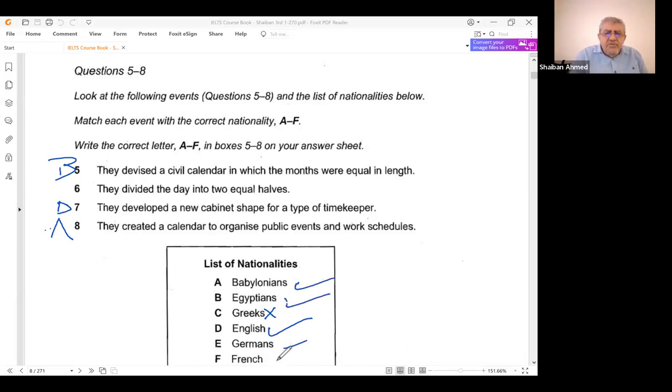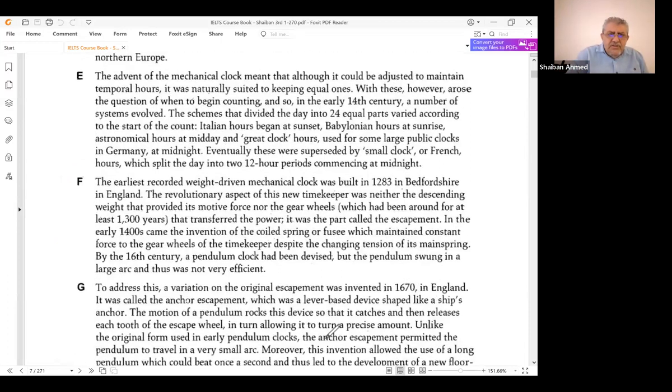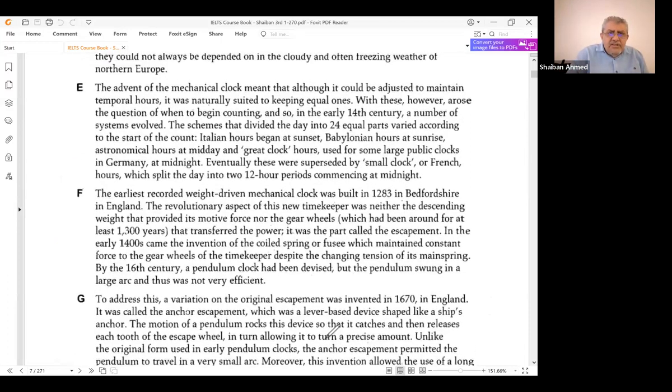I still have Germans and the French. Okay. So the Germans, we passed them a little while ago. Yes, Germany. Wait, let's check because more than one word came here. So we have in Germany at midnight, where these were supplied by the small clock or French hours. Yes, this is it. So German at midnight.